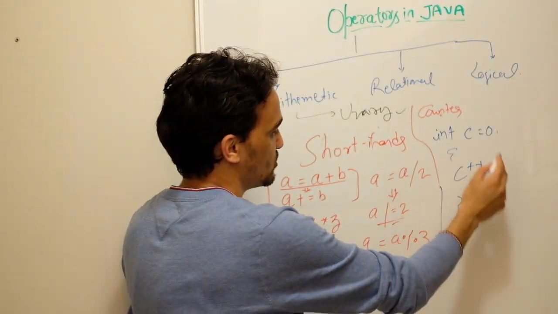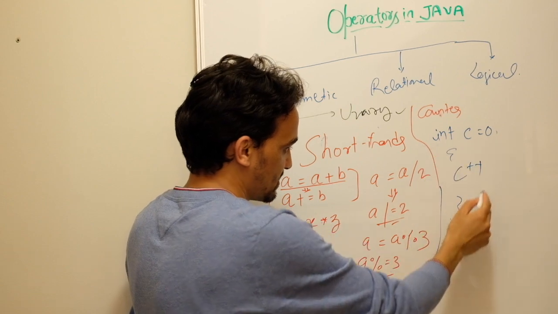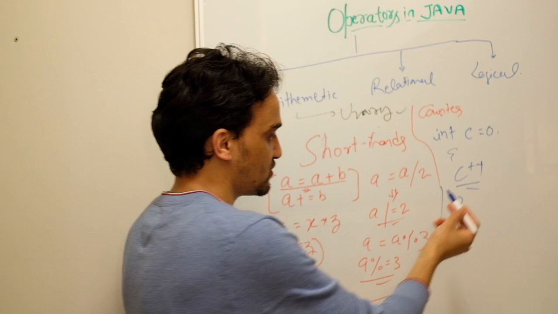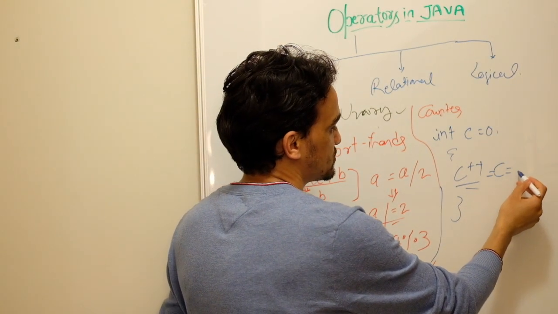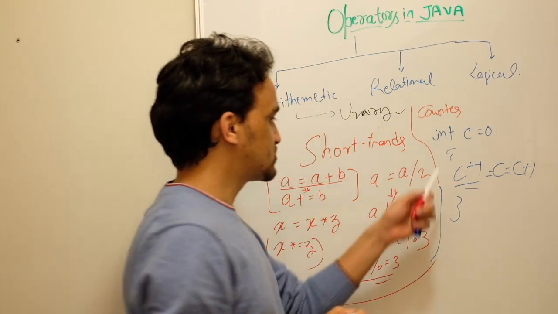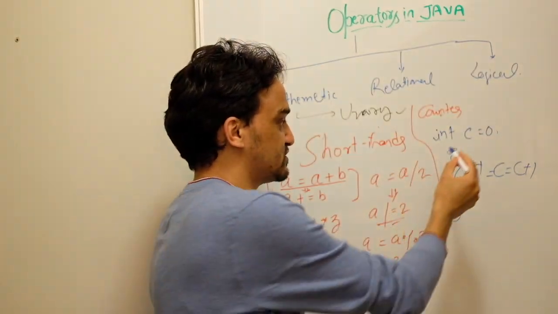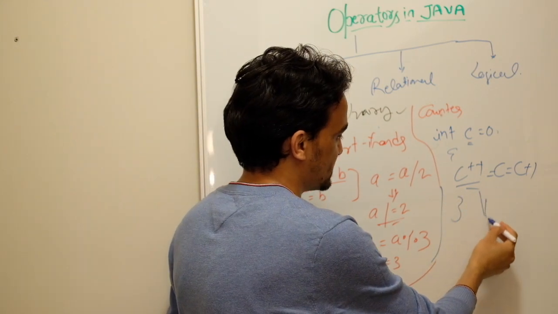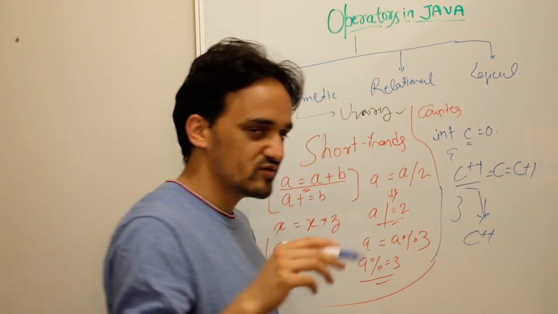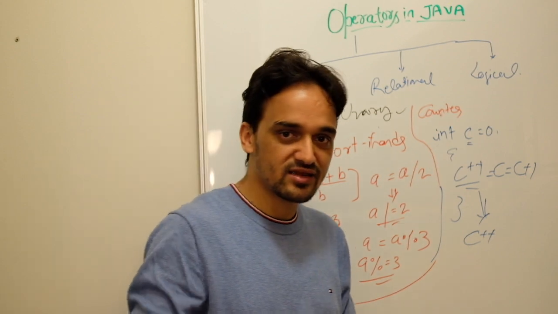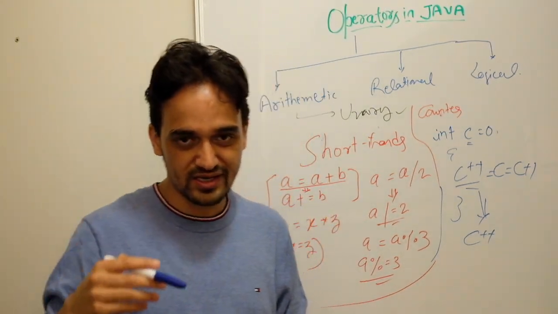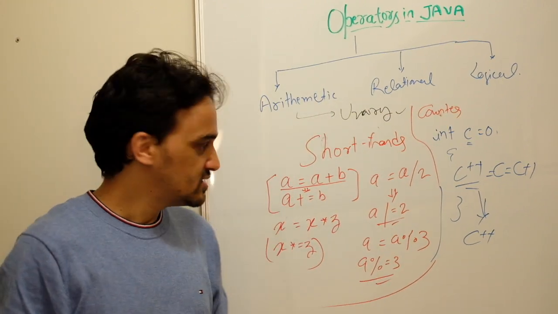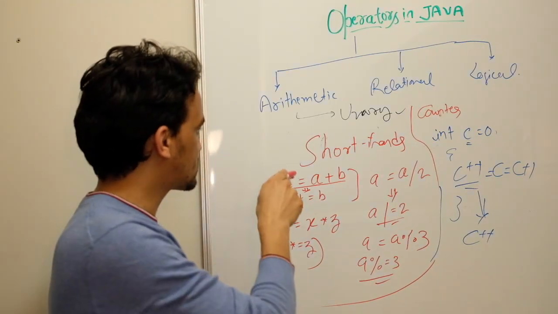Let's suppose this is a loop, all the time it is going and it will keep increasing c plus plus. C plus plus, as I've already explained, is c equals c plus 1. Increasing the value of a variable by 1 is also called a counter, and the way to write it is c plus plus or variable plus plus. Similarly, if you want to decrement the value of any counter, you will say c minus minus or variable minus minus.